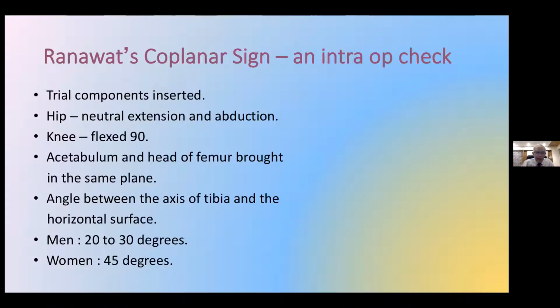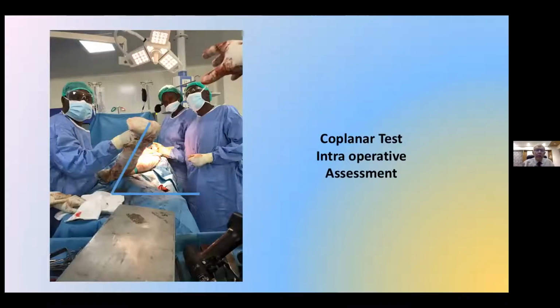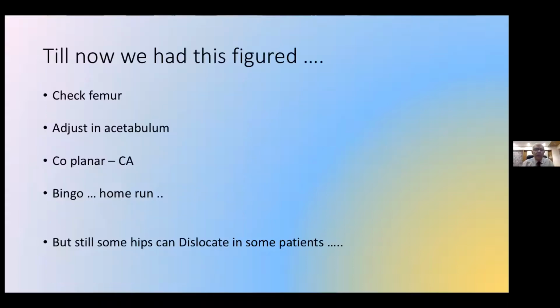If you get that angle, and how to measure that, he has very nicely given in his paper. And on table, you can do this in a certain position, bringing the acetabulum and femoral head against each other, and then measuring this angle and make sure that your coplanar, which is combined anteversion of the femur and acetabulum, is giving you a good positioning.